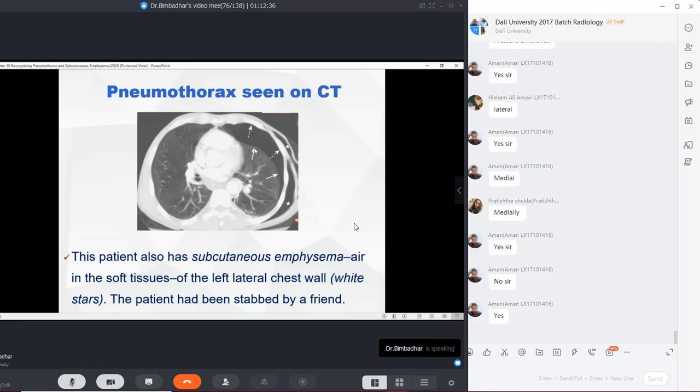And now what happens is that this will start acting as a valve-like mechanism, and this does not allow the air to escape from the pleural cavity again to the external environment. So air becomes trapped inside the pleural cavity because there is a stabbing wound.